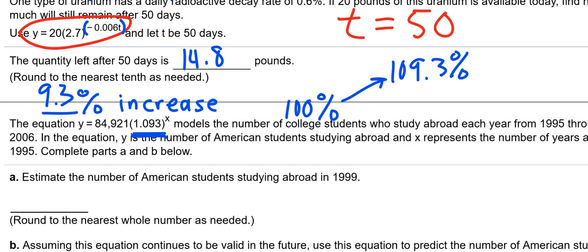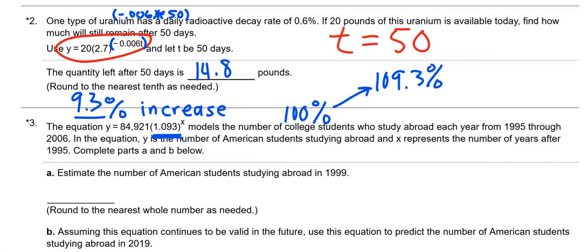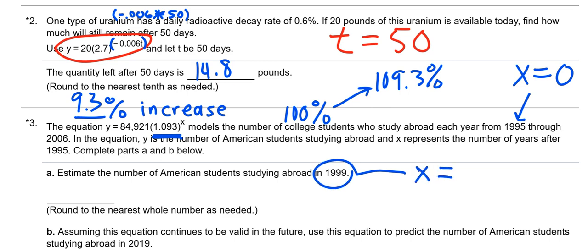Now, what you need to pay attention to in this question is that the year 1995 is the starting number, the starting year. So we're going to call that an x value of 0, and yes, that should be written in your notes. The x value 0 represents the year 1995. So, what x value do you think we should use for 1999? 4.